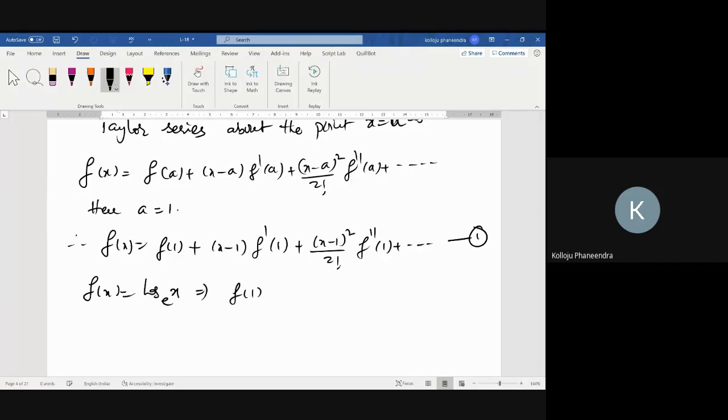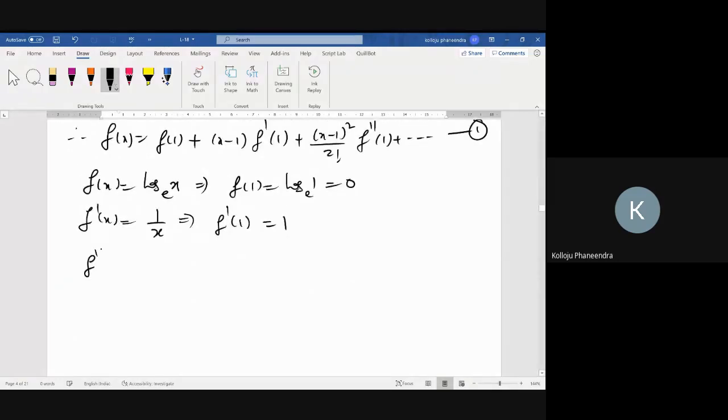So f of 1 is log 1 to the base e, 0. f dash x is 1 over x, so f dash 1 is 1. Next, f double dash x is minus 1 over x square, f double prime 1 is negative 1. f triple prime x is 2 over x cube, so f triple prime 1 is 2.